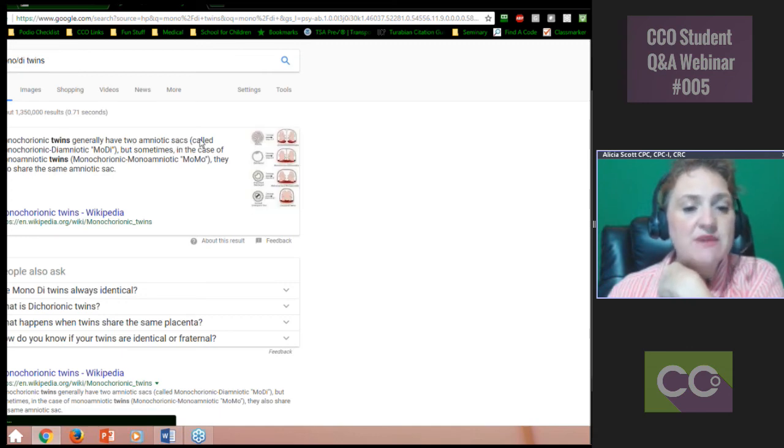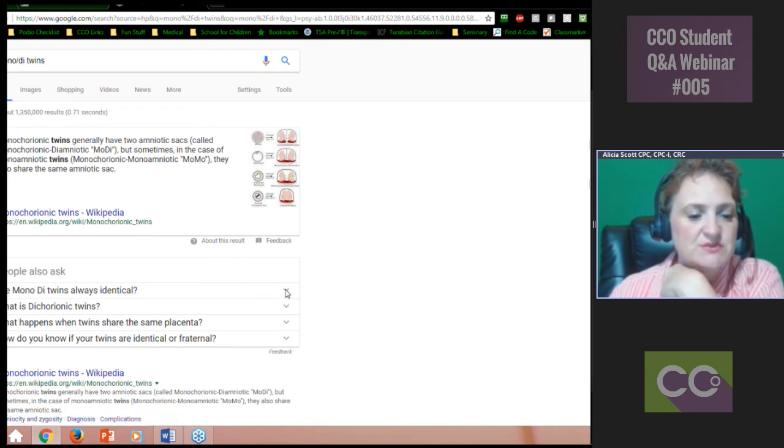Let's see, two amniotic sacs is called monodi, but sometimes in the same case, monoamniotic twins also share the same amniotic sac. We don't want Wikipedia. This one says, are monodi twins identical?